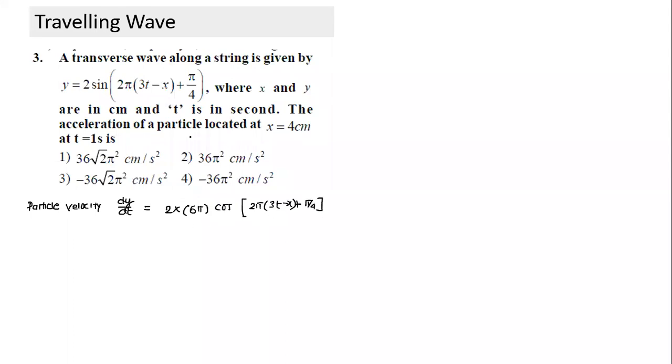So for any point, suppose you have to find the velocity at x equal to 4 centimeters and t equal to 1 second, all I need to do is substitute the value of x and t here, and we can find the velocity. Similarly, if you have to find particle acceleration, what is it equal to?